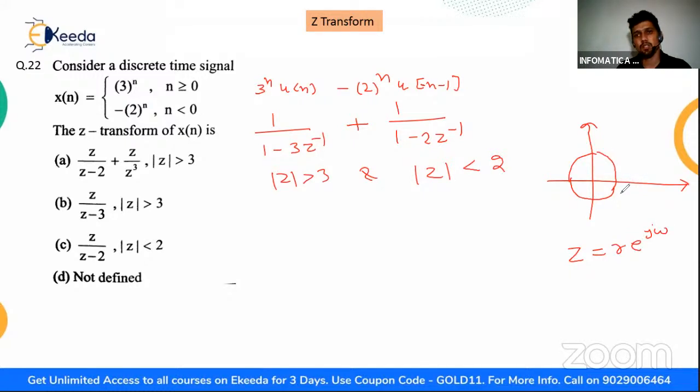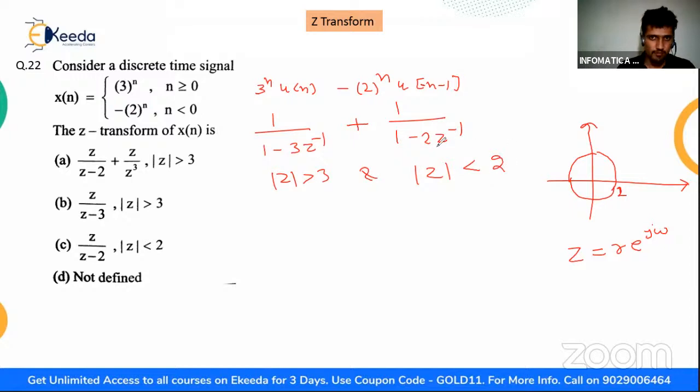So this is the unit circle, suppose. For a left-sided sequence, whenever the pole is there, we take the magnitude. This is a circle of radius 2. So the ROC will be inner to the innermost pole for left-sided, and for right-sided, ROC will be outer to the outermost pole. So here the pole is 3, here the pole is 2 at radius 2.